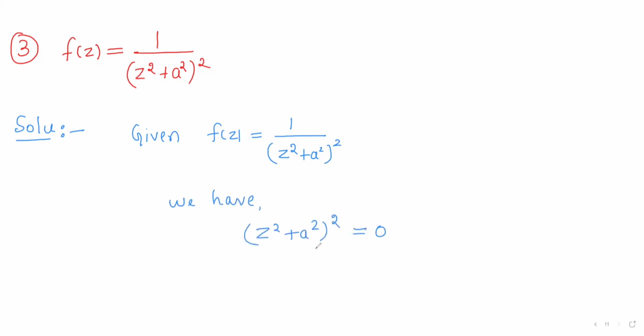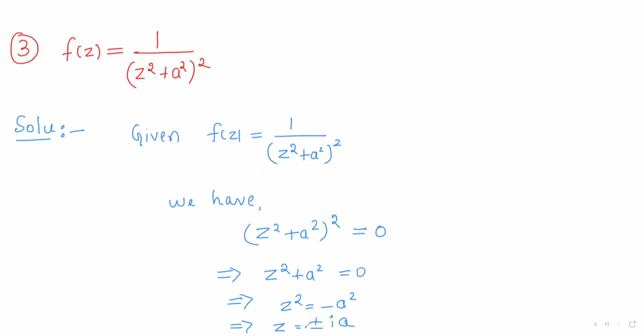So we shall check at what points the denominator function is 0. (z^2 + a^2)^2 = 0 means z^2 + a^2 = 0, which implies z^2 = -a^2, so z = ±ia. Note that the denominator function is a polynomial of degree 4. So it should have 4 zeros.